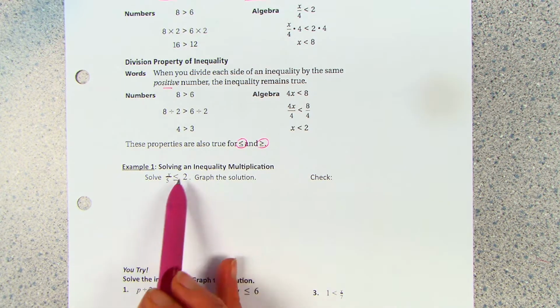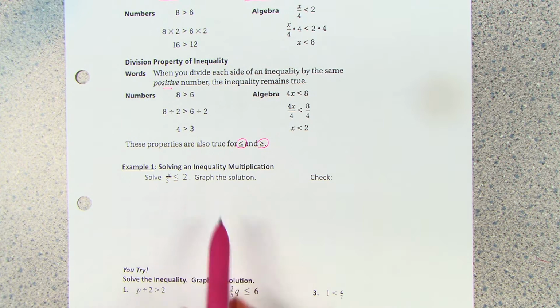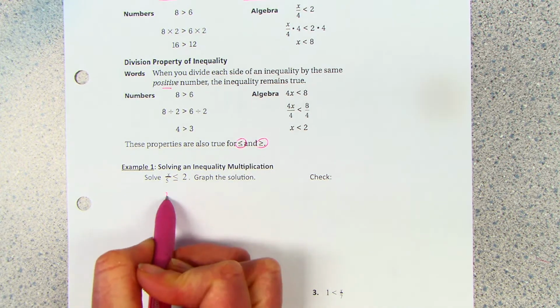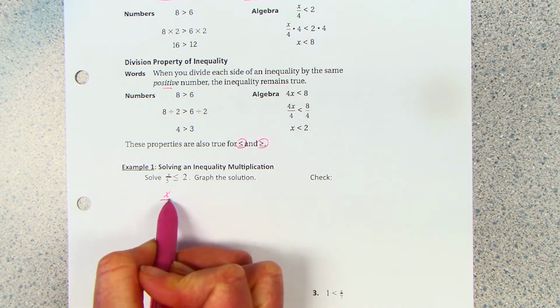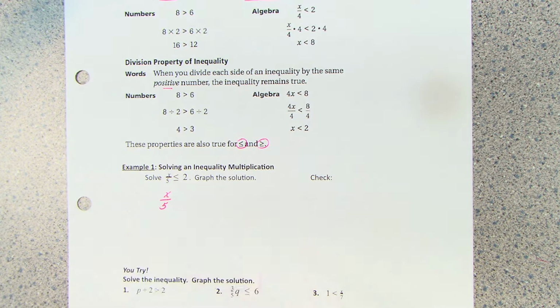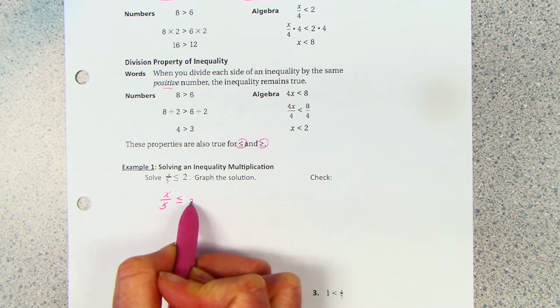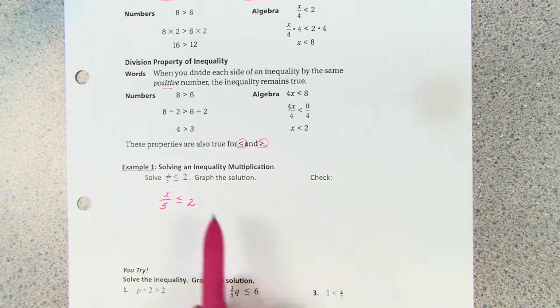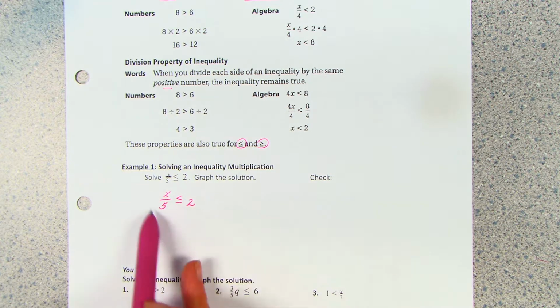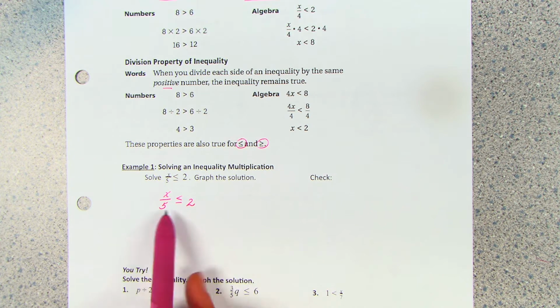All right, let's do an example with multiplication. I'm going to rewrite this problem just to make it a little bit bigger. I've got x divided by 5 is less than or equal to 2. And I can remember from solving equations that to make the 5 cancel out, if I've divided by 5, I want to multiply by 5.